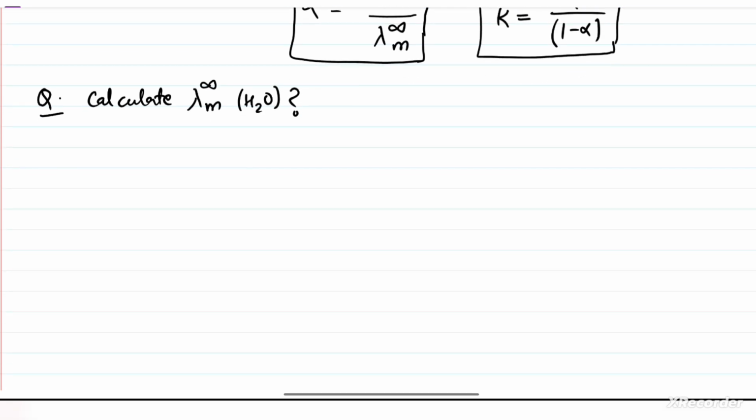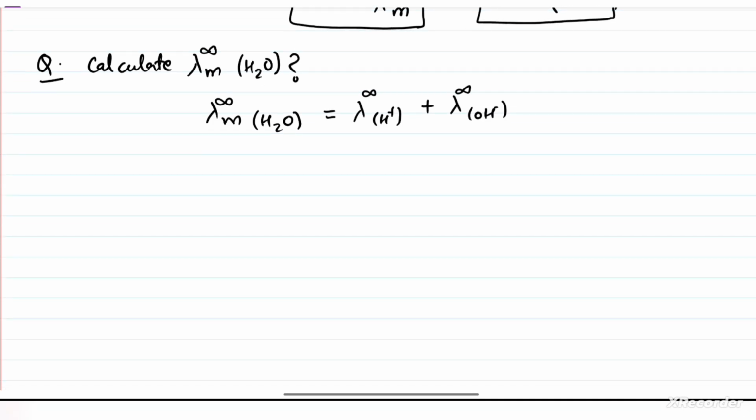Kohlrausch law says that λm∞ of water is going to be the sum of the contributions of its ions, that means λm∞ of H⁺ and λm∞ of OH⁻. So how can we calculate this? Since water is a neutral compound, a weak electrolyte, we can't dissociate it 100%.